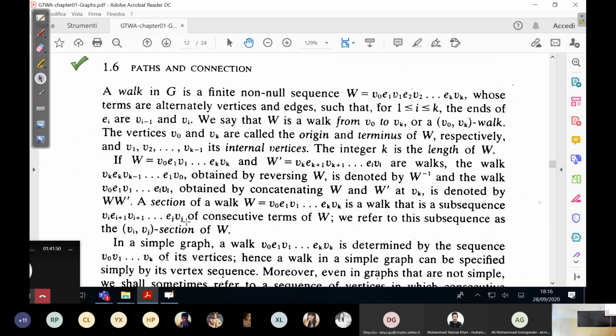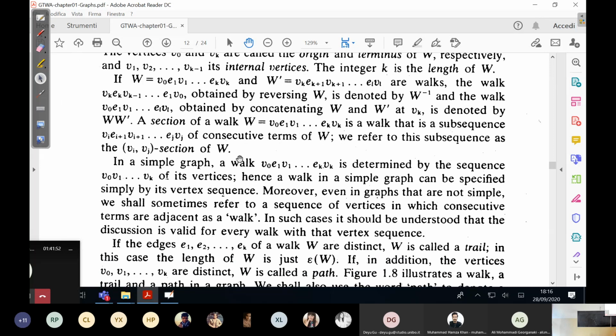In a simple graph, a walk is determined by the sequence of vertices. Why? Because between v_0 and v_1, you can only have one edge or none. And so it's impossible that they are in this situation in a walk, or they are actually adjacent, and so there is exactly one edge because we are talking about a simple graph.